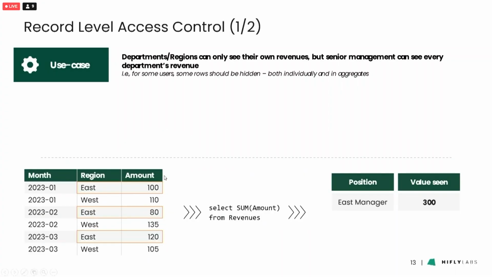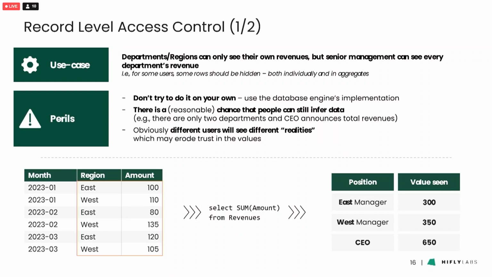If somebody is only allowed to read the East one, whatever these add up to, they will only see the 300 that they add up to. Another user is allowed to use the West region, so they will only see the West ones. And for example, the CEO can see everything, and then they will have a different figure. This sounds like a very good idea, especially for business users. They really like it. So they can hide data from one another.